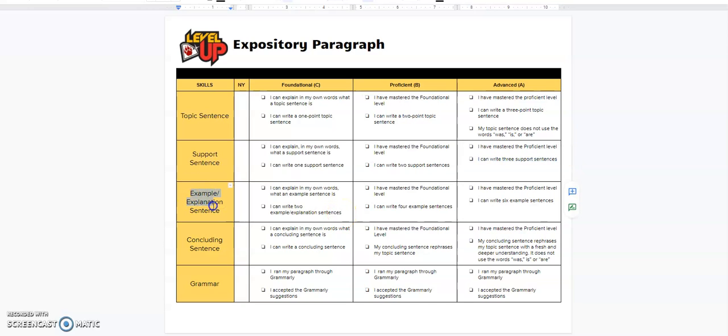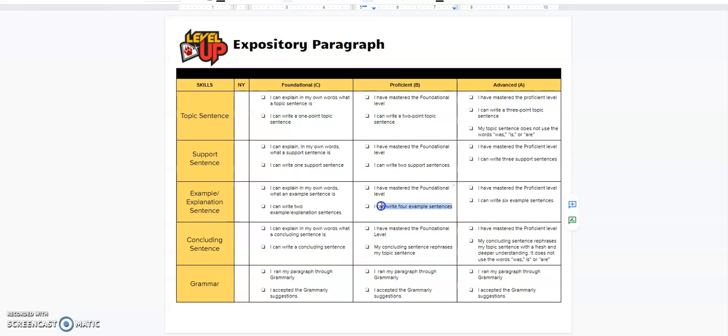For the example and explanation sentence, remember, for each support sentence, you will need 1 example sentence and 1 explanation sentence. So that means you can write 2 sentences that provide an example and an explanation.